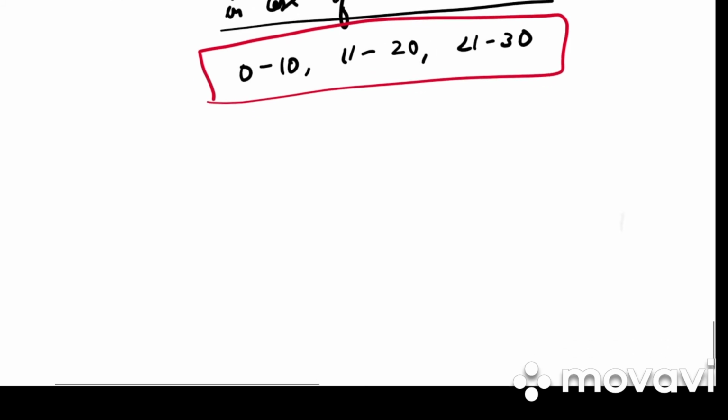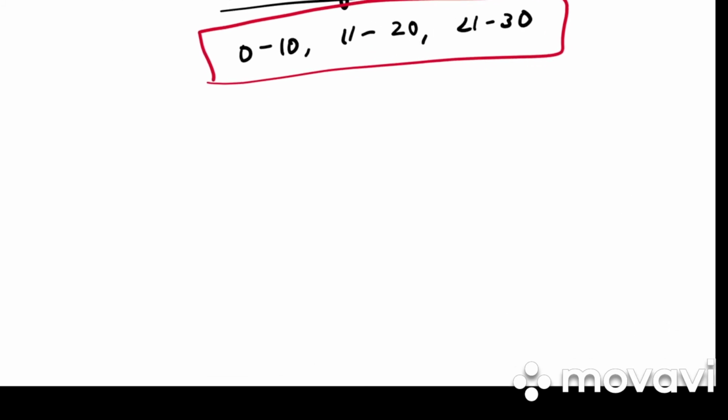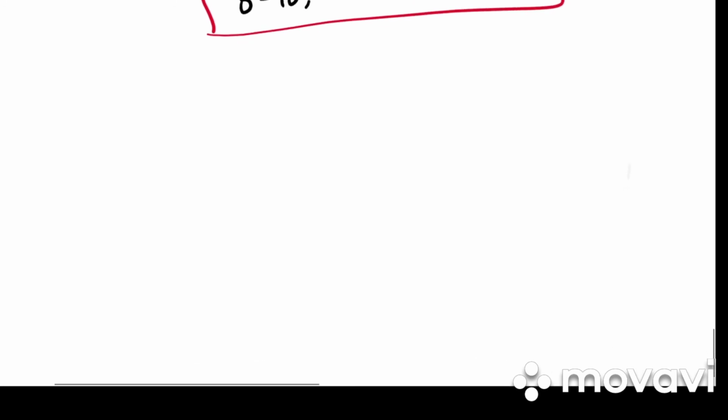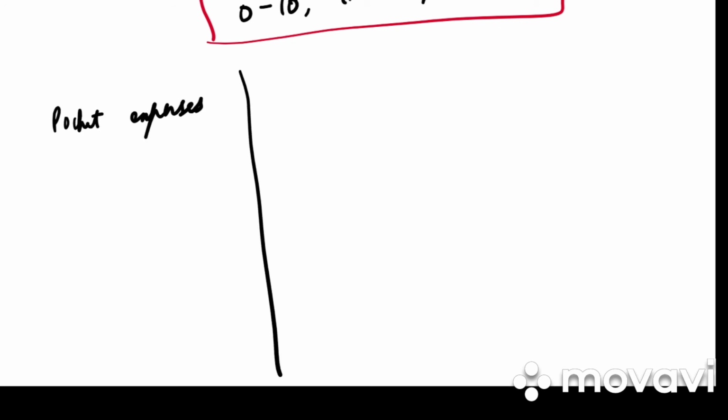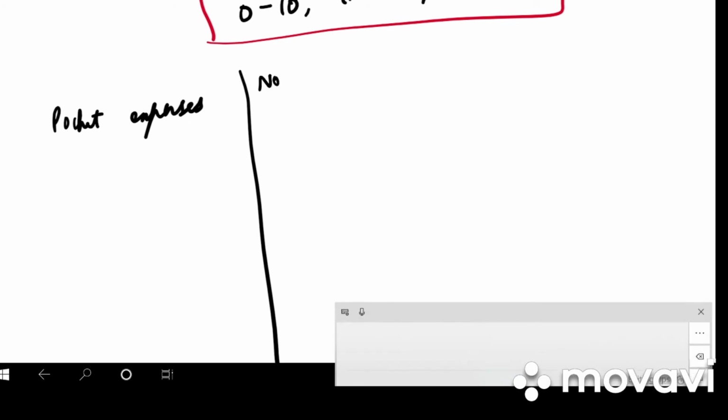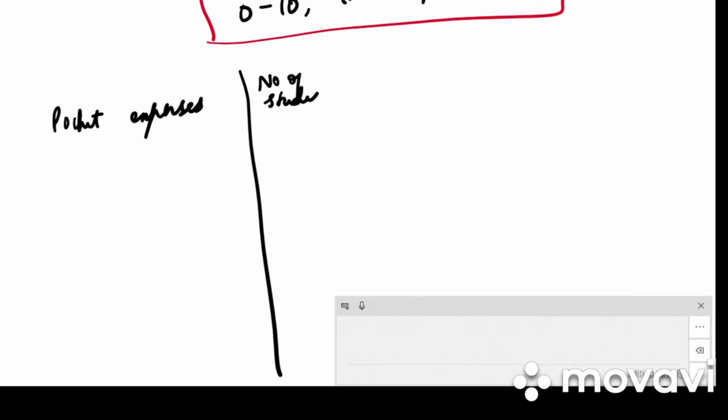So how do we work out the problem? In this case, the problem will be worked out in the same way as we do for the exclusive series. In the question, they have given us pocket expenses and number of students, so frequency and class intervals are given.